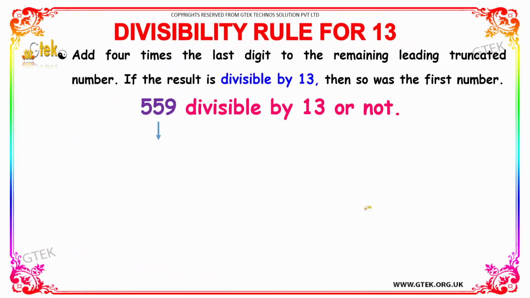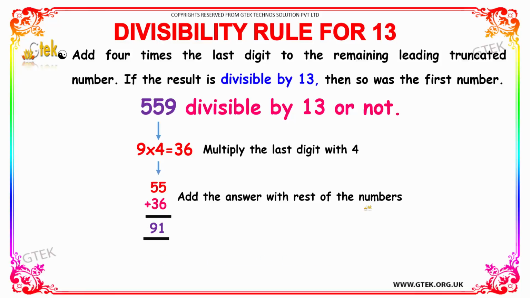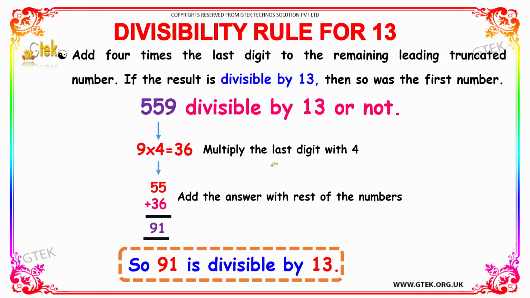Moving on, we have the divisibility rule for 13. To check whether a number is divisible by 13, you have to add 4 times the last digit to the remaining leading truncated number. If the result is divisible by 13, then so was the first number.